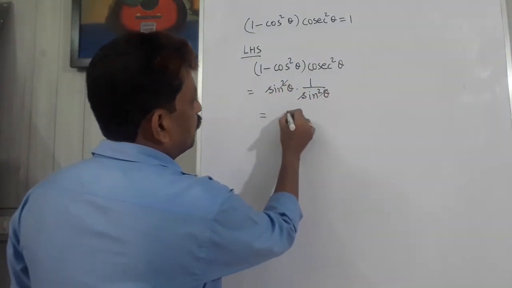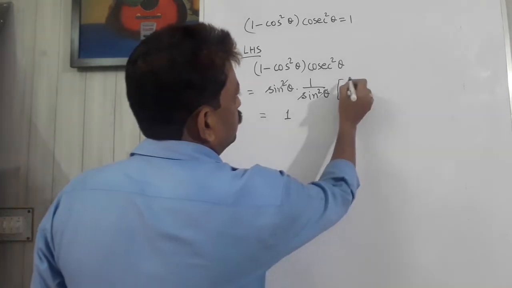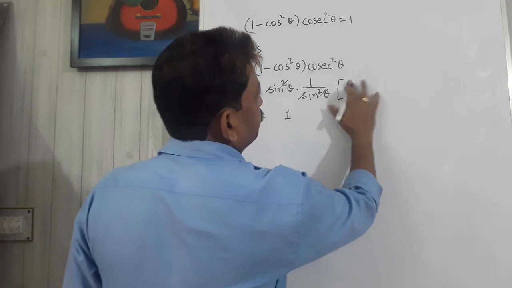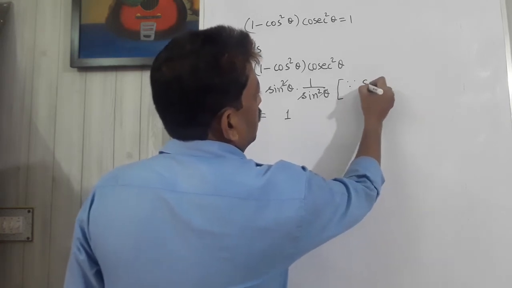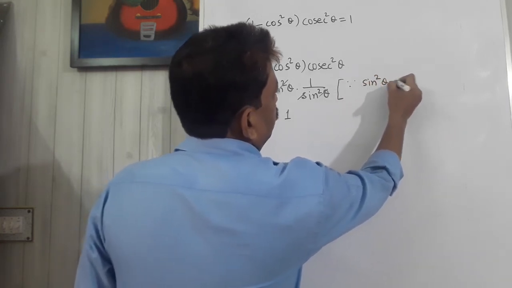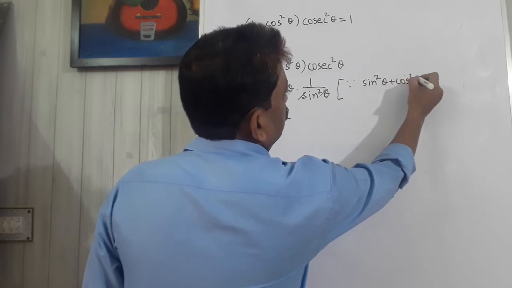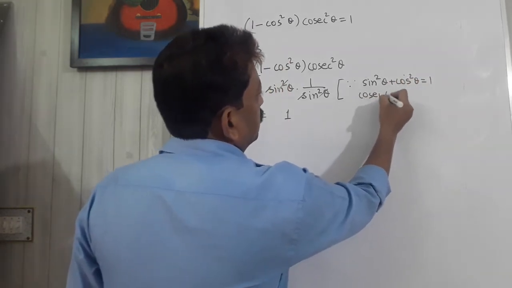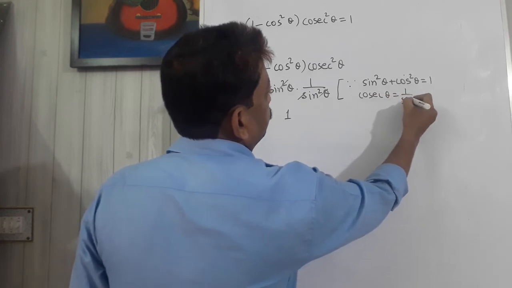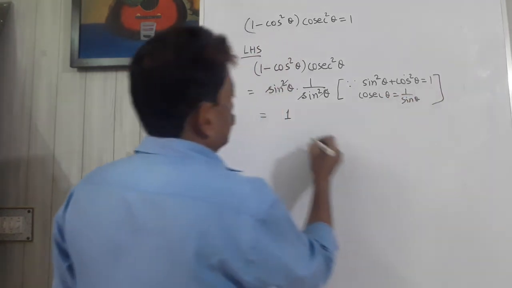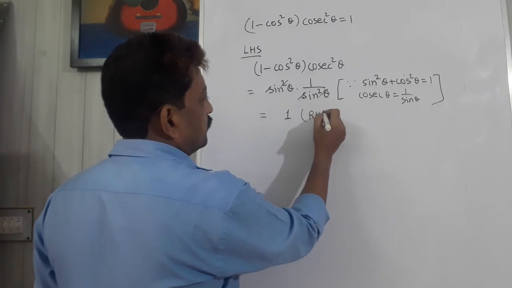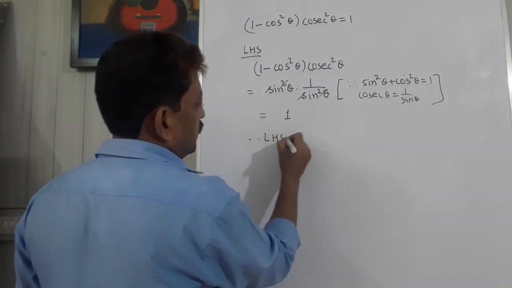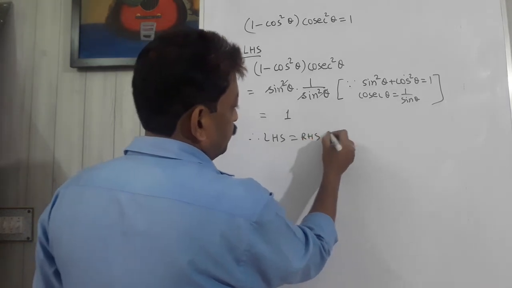So it is 1, and here we have used the formulas sin square theta plus cos square theta equals 1 and cosec theta equals 1 upon sin theta. So this is RHS. Therefore LHS equals RHS. Proved.